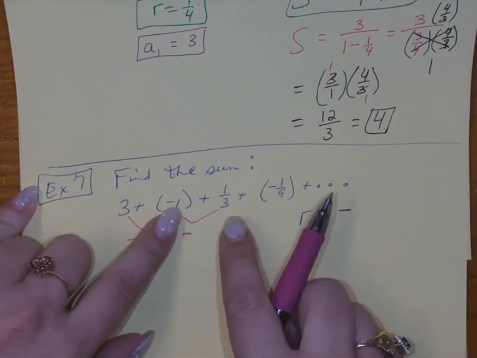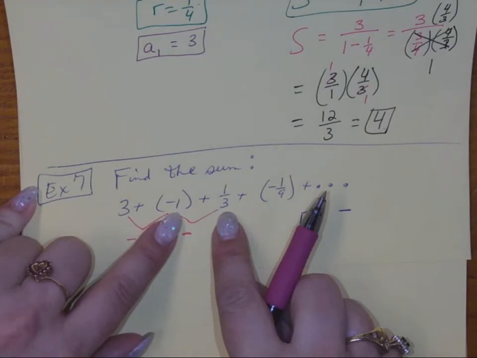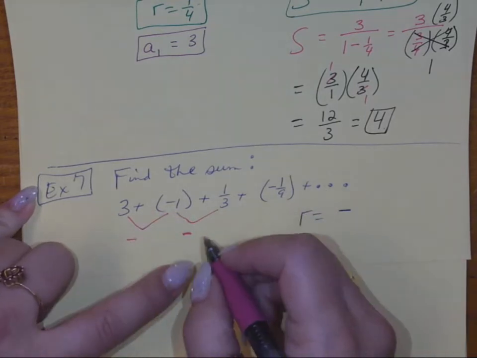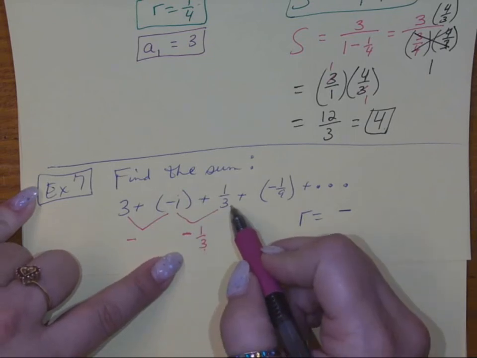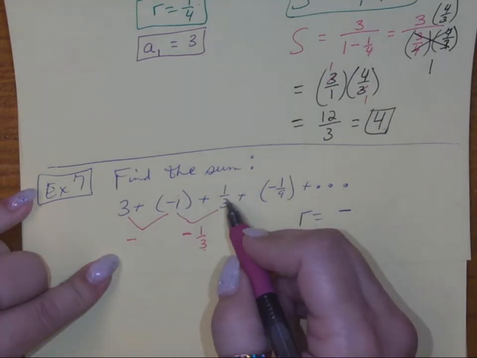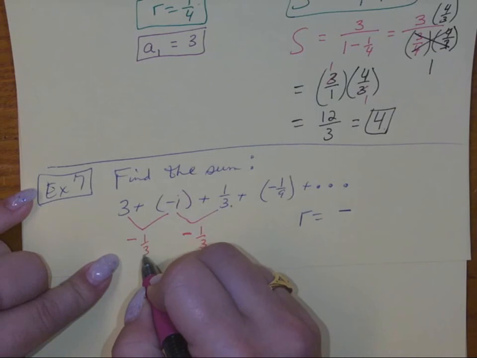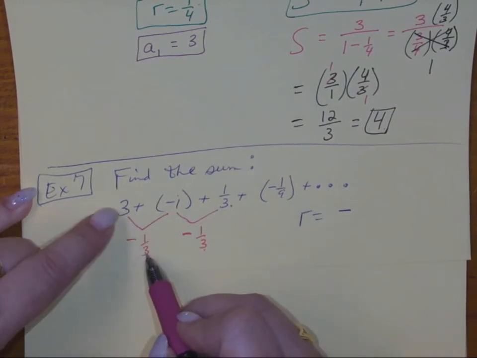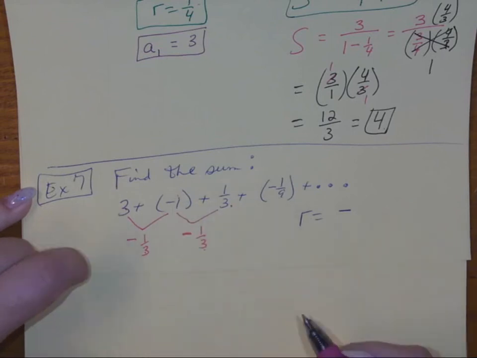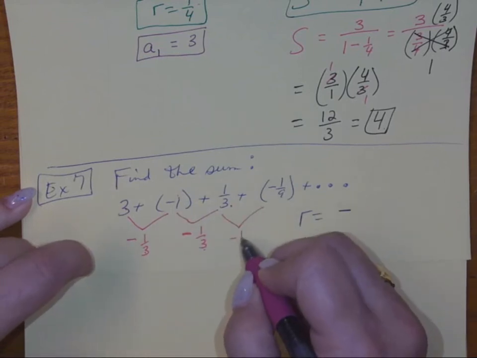So 1 divided by 3 would give me the 1/3, right? In fact, -1 times -1/3 would give me a 1/3. So let's see if that works here. 3 times -1/3 would give me a -1. Yeah, that's working.